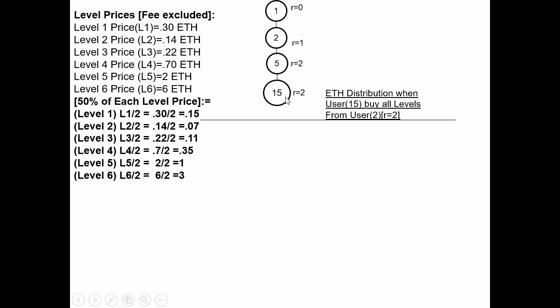Anyway, what will happen if user 15 buys all his 6 levels? Here I'm showing the Ethereum distribution when user 15 buys all levels from user 2, because this user 15 came to this game by this referrer, that means user 2. User 2 brought this user 15 into this game. So if user 15 joins this game, that means he is buying the first level.